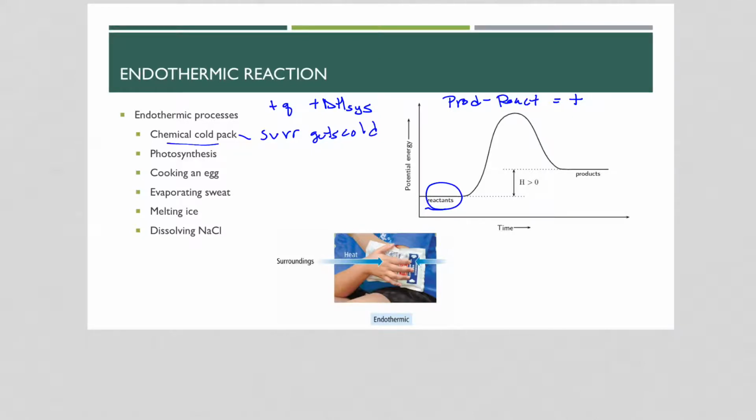So an endothermic reaction, the system for that change to occur has to absorb or pull in heat from the surroundings. That's going to cause the surroundings to drop in temperature, right? So the surroundings will have a negative Q.